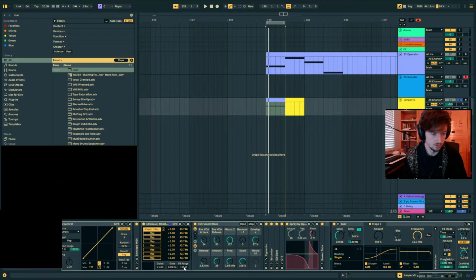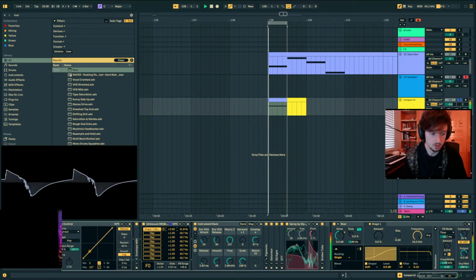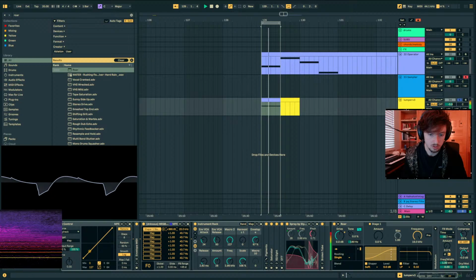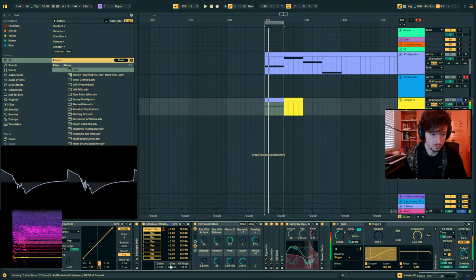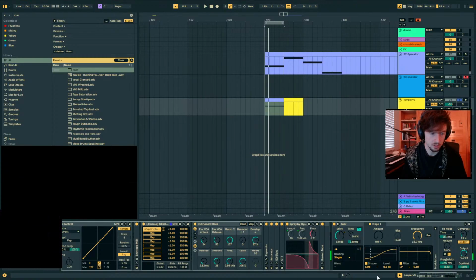Expecting this to... What are you? I was expecting this to be an LFO that vibrates at 43 hertz. It's not? No, I don't get it. I mean, it knows what the frequency is.